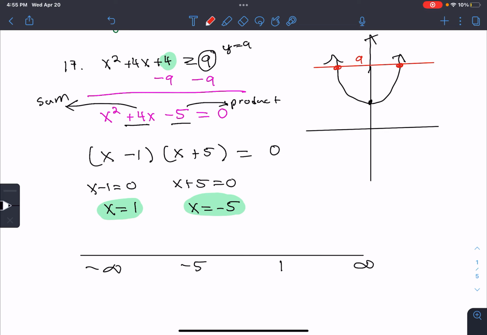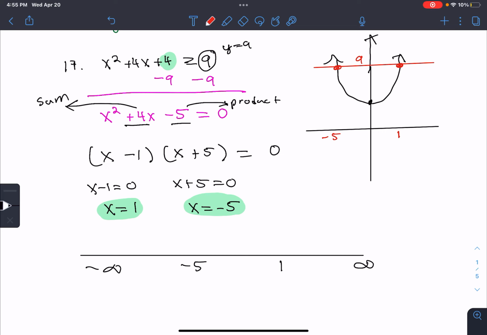This is -5, and this is 1. So we're going to have to pick values in between each section and see where our original function, x squared plus 4x plus 4, is greater than 9.